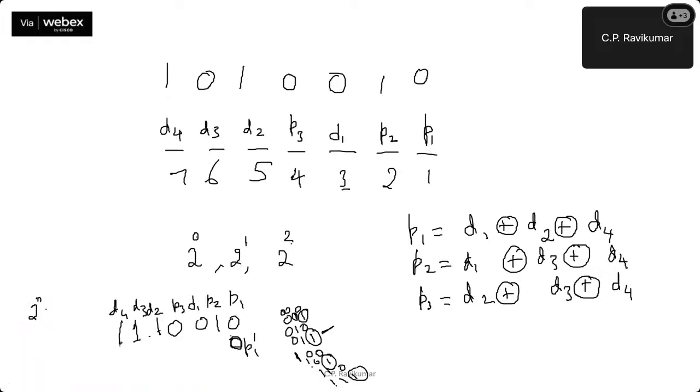So this is what is computed. Similarly, P2 is D1, D3, D4. This is D1, this is D3 and D4. So that is also 0. Right? And P3 will be D2, D3, D4. So D2, D3, D4 is 1. Okay. So that will be calculated as 1.